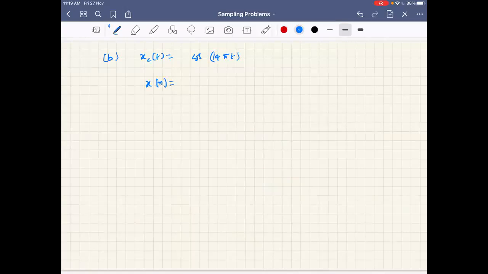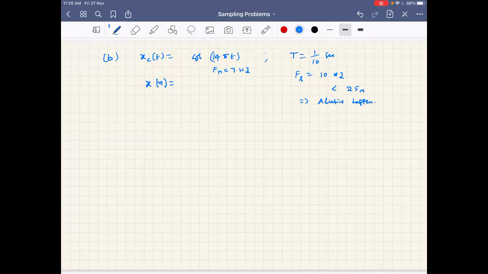Here aliasing will happen, because you see that capital T equal to 1 by 10 seconds, so Fs is equal to 10 Hz, whereas the maximum frequency here, Fm, is equal to 7 Hz. So the sampling frequency is less than 2 times the maximum frequency, and hence aliasing happens. So there is some effect of aliasing, which we will see now.